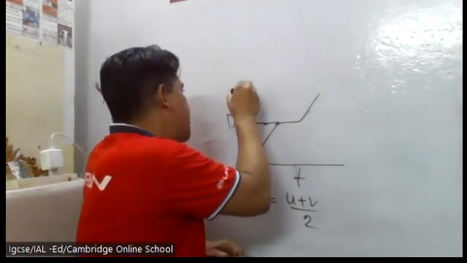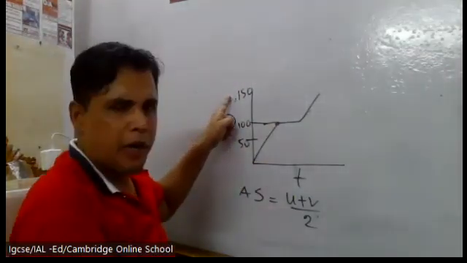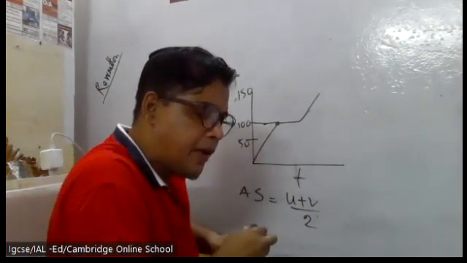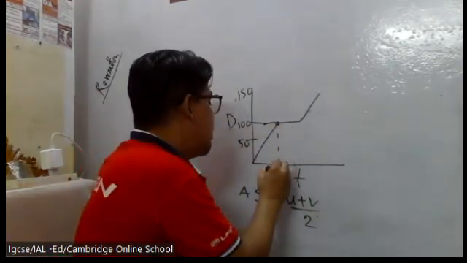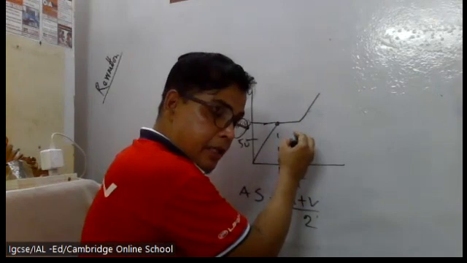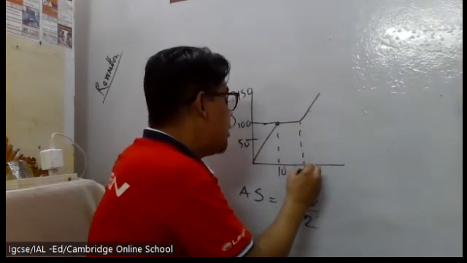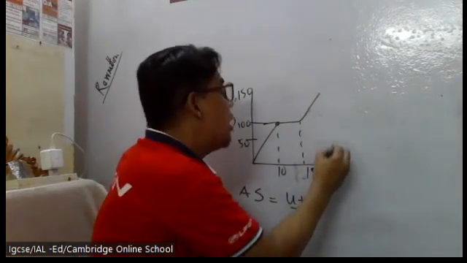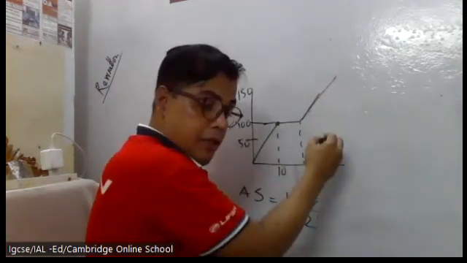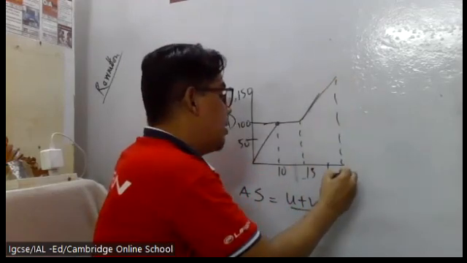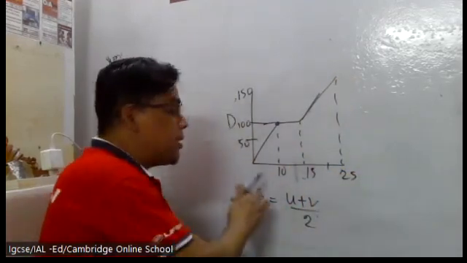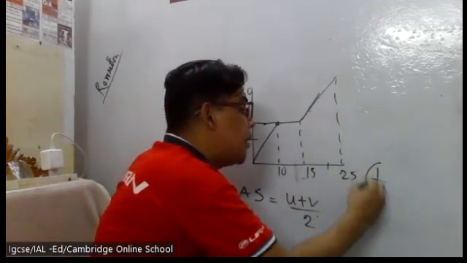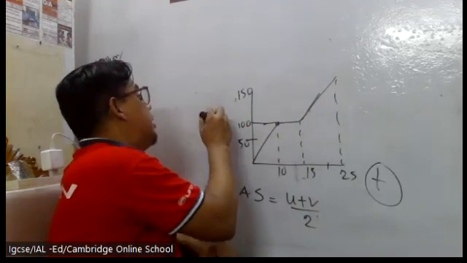Total distance is given as 150, and the total time is given: this is 10, this is 15, this is 20, and this one is 25. This dimension is time, and this dimension is distance.